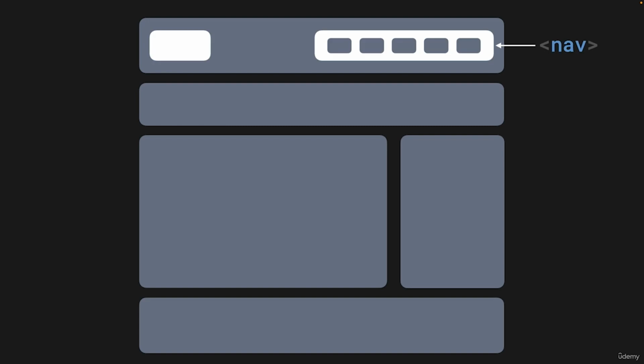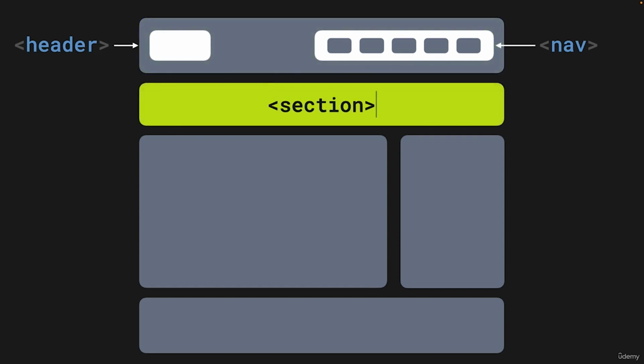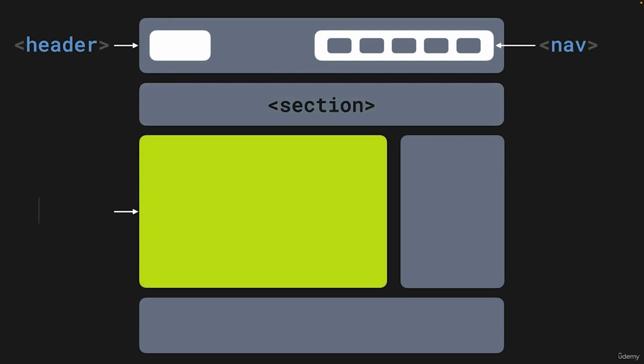The problem with div is that search engines and other analytic tools can't tell what each group means. With a proper tag, we can tell search engines like Google that this part, this group is a navigational bar, right?